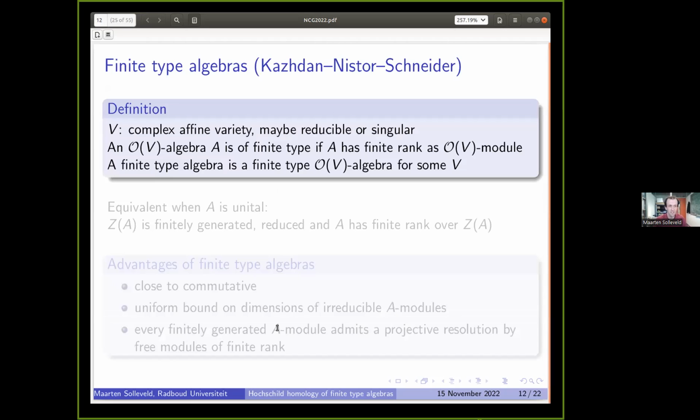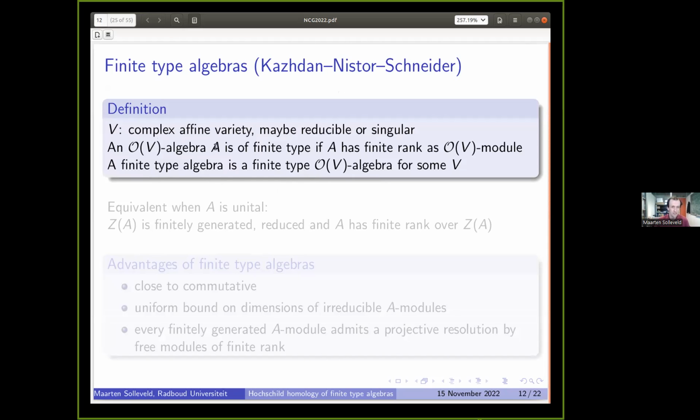So what is a finite type algebra? Well, finite type refers to the fact that it must be an algebra over something else, and not necessarily over a field, but over a commutative algebra. And this commutative algebra, I take here to be the regular functions on some affine variety, and it can be any affine variety in this setup. It may be a singular variety. It doesn't bother us too much here.